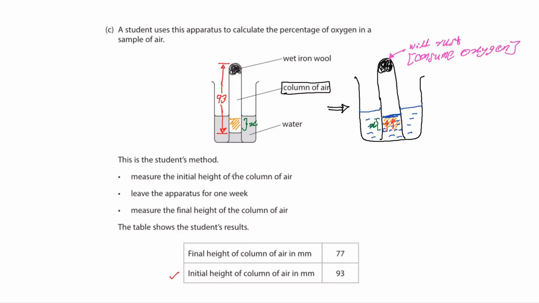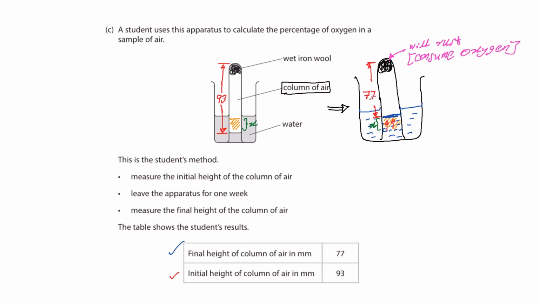Now we know the final height of the air column, from here to here. This final height is not 93. 93 was the initial; the final height is 77.